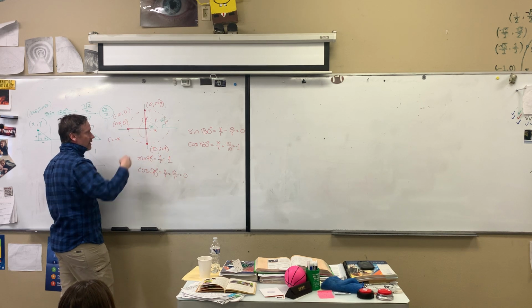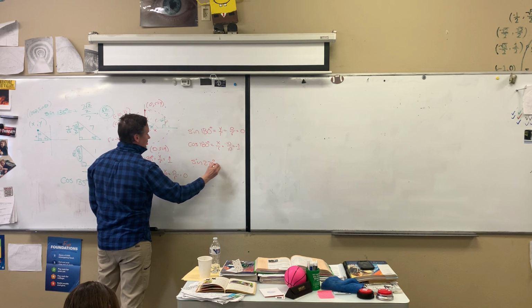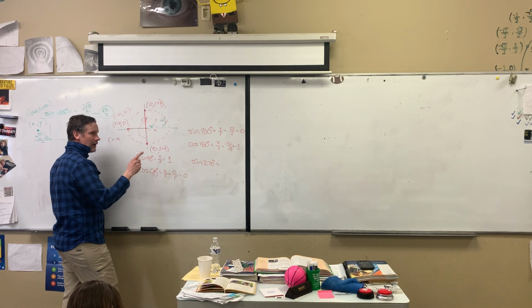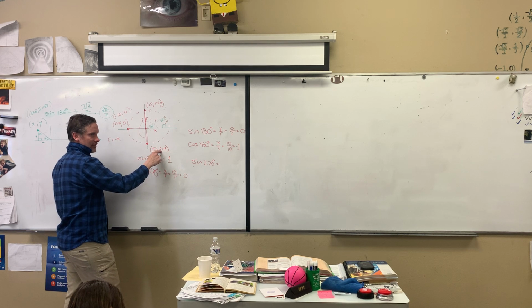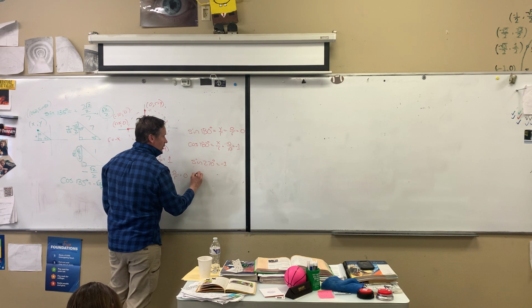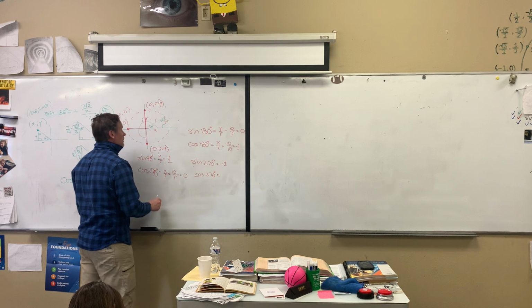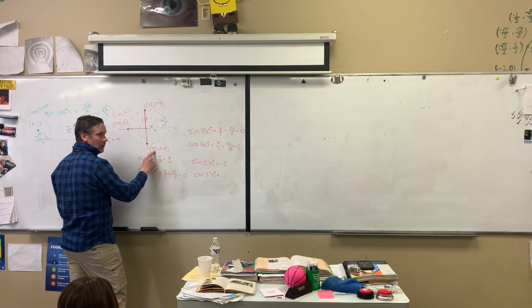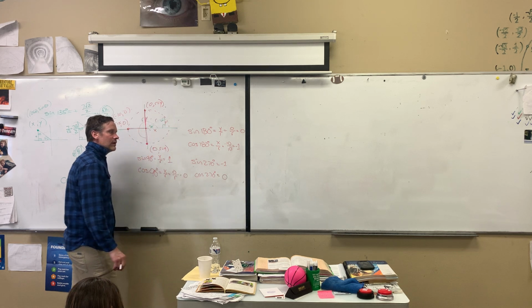So it's a negative Y. Therefore, what is the sine of 270 degrees? The sine is Y over R, so it's your Y over your R. They're the same thing except one's negative. So therefore, it will be negative 1. What's cosine of 270? 0 over R. So it's going to be 0.